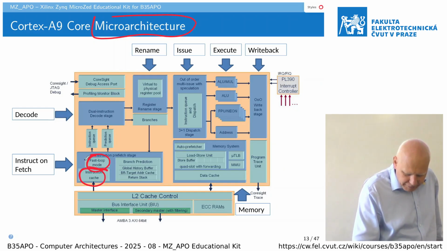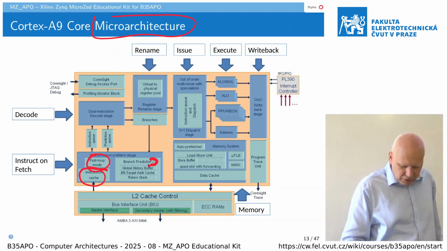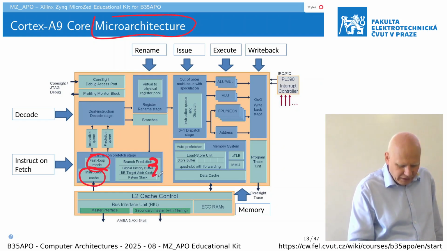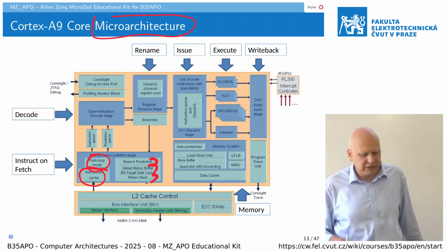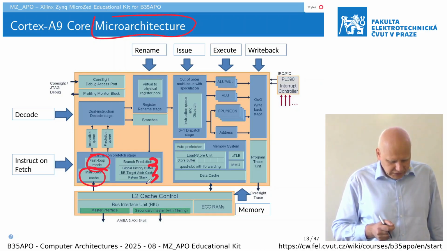Then there is some mechanism to feed fast loops to the rest of the core. Branch predictor with global history, branch target buffer and return stack, so something which we have seen during the 6th lecture.